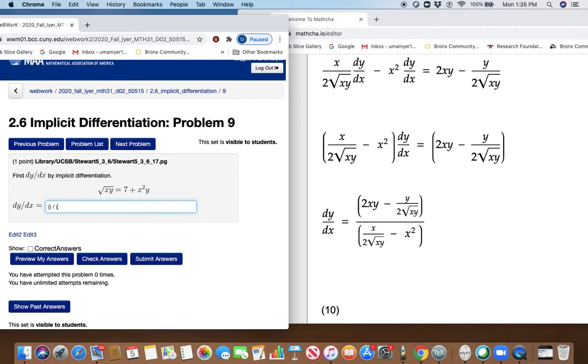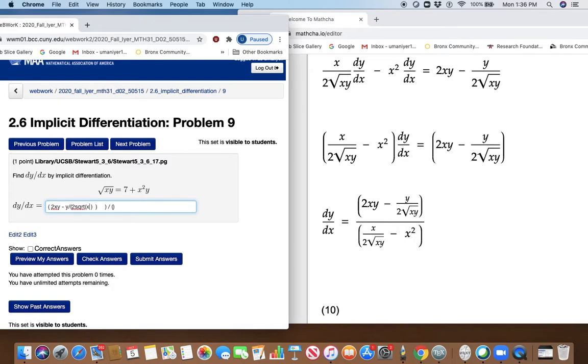Parentheses over parentheses. Numerator: 2xy minus y over, so notice there is 2 followed by a square root, so you need a parenthesis. Within the parentheses you have 2 square root of xy, so parentheses for xy inside.